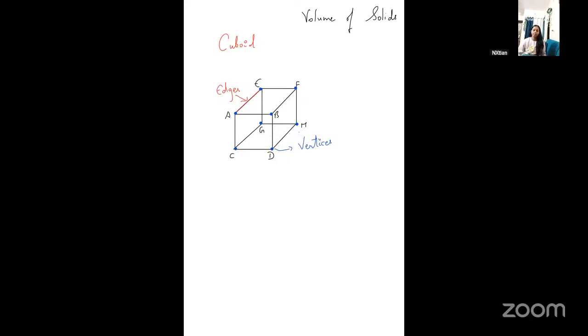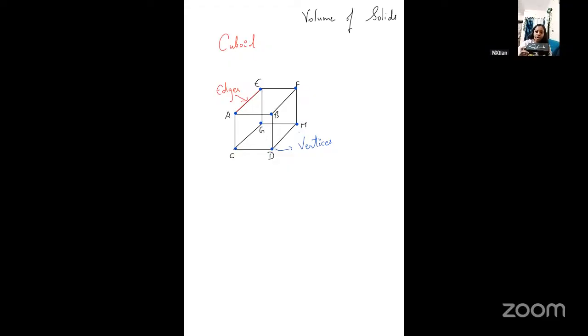Now, if you can see, I have a glass rectangular box. Basically, this is a cuboid. This shape that I have is a cuboid because its faces are rectangular.